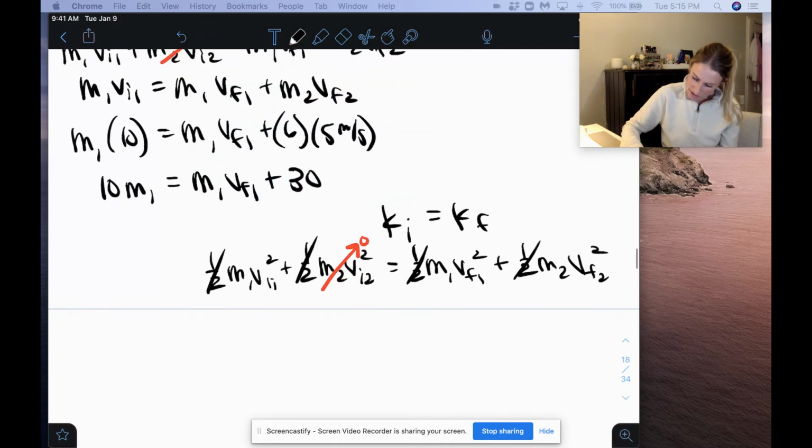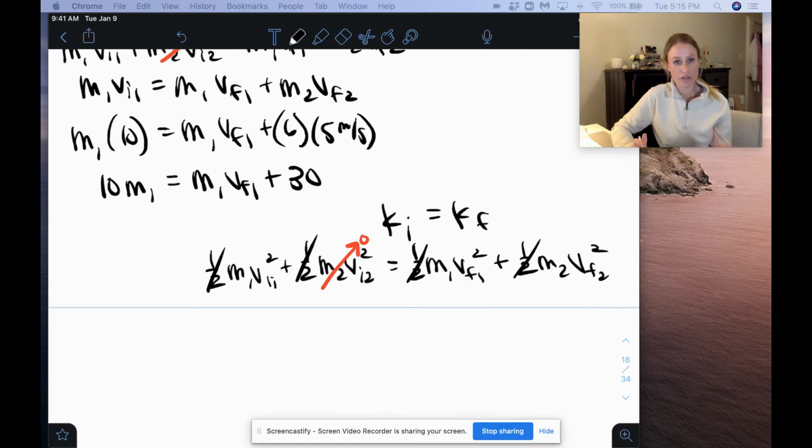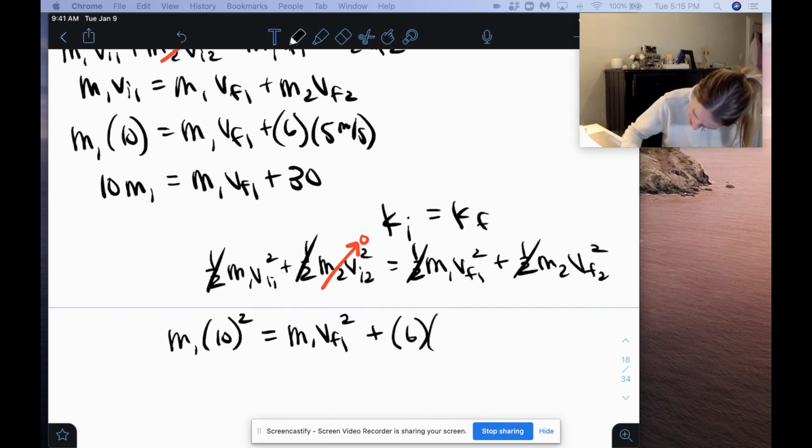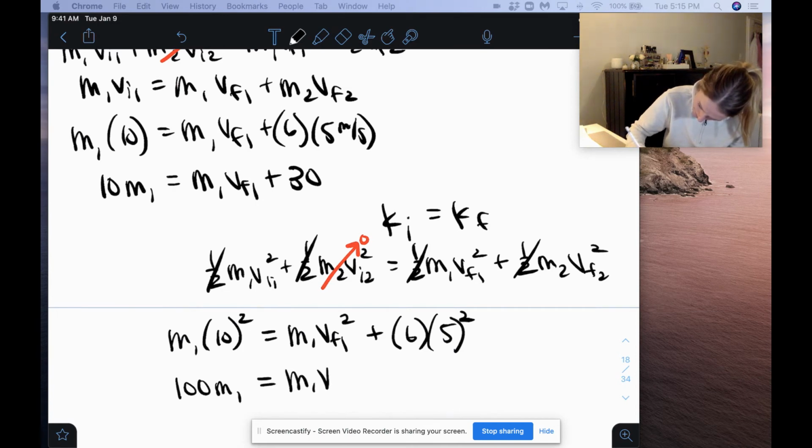And then here, I'm also going to plug in our knowns. So we know the initial velocity of 1 is 10. So I get 10 squared m1 equals m1 v final 1 squared plus m2, which was 6, times final velocity of 2, which was 5, and then we're going to square that. So we get 100 m1 equals m1 v final 1 squared plus, what is that, 150.